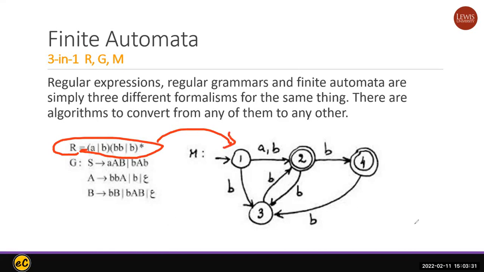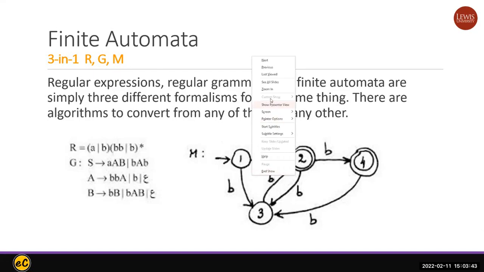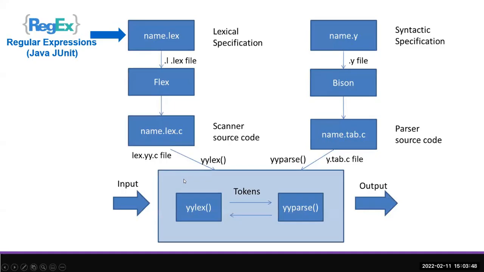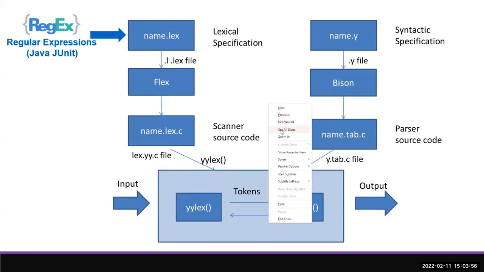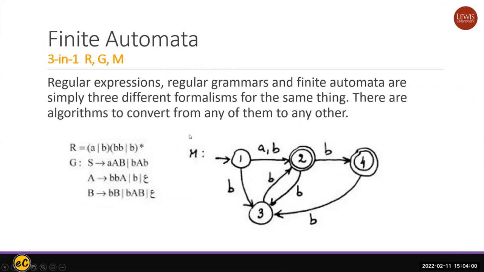Also the same thing, if you can describe everything into the regular grammar rule, you can also generate the so-called machine, finite state machine. And this whole thing can be generalized, and also using the tool Flex and Bison to generate the next. We will cover this in the next lecture. So that's a 3-in-1 theory.